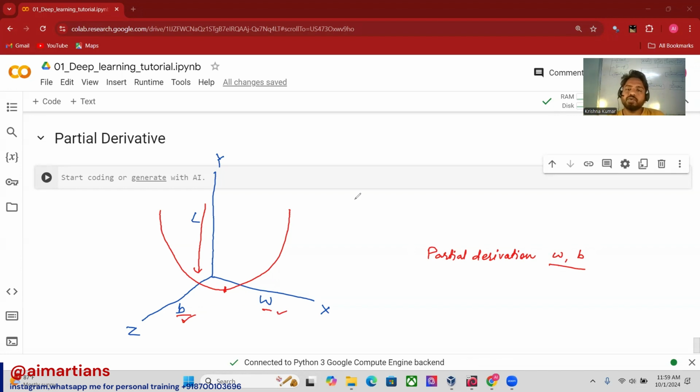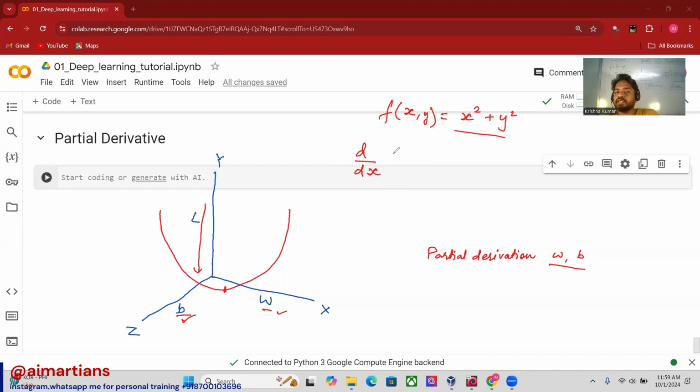Now I just want to show you one example. Let's say I have a function f where I want to calculate the derivative with respect to x and y, and the expression is x square plus y square. If somebody asks me, Krishna, calculate the derivative of this function, I will say d by dx, with respect to x.